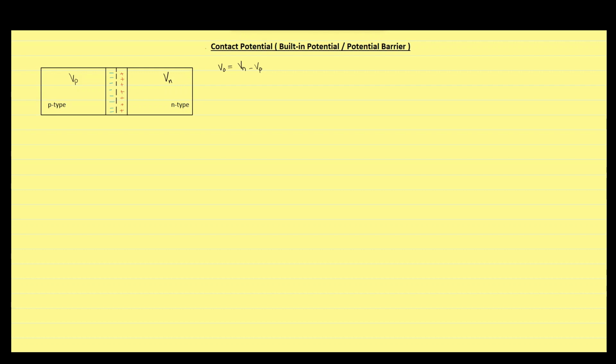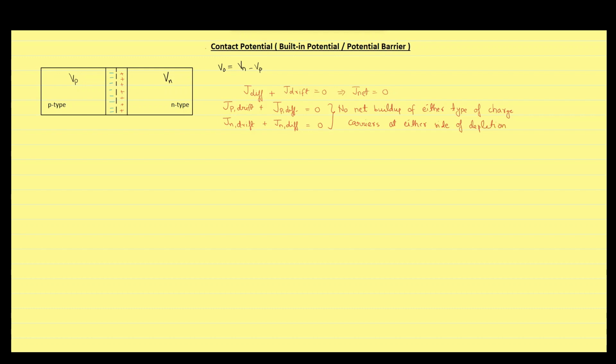We have actually three equations. The first equation is this: diffusion current density plus drift current density is 0. This means that the net current density in the depletion region is 0. The other two equations mean that the drift current density plus the diffusion current density due to either charge carriers is 0, which means there is no net buildup of either type of charge carriers at either side of the depletion region.